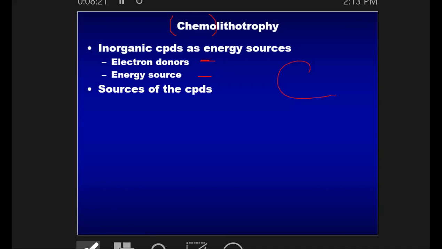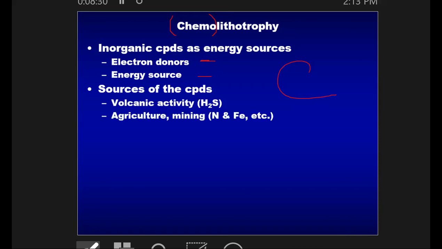So microbes that do this can have lots of different resources for obtaining these inorganic compounds. Hydrogen sulfide is inorganic. That's a favorite one that microbes like to use, and that's coming from a lot of volcanic activity. One eruption of a volcano releases massive amounts of hydrogen sulfide into the atmosphere that can circulate globally.